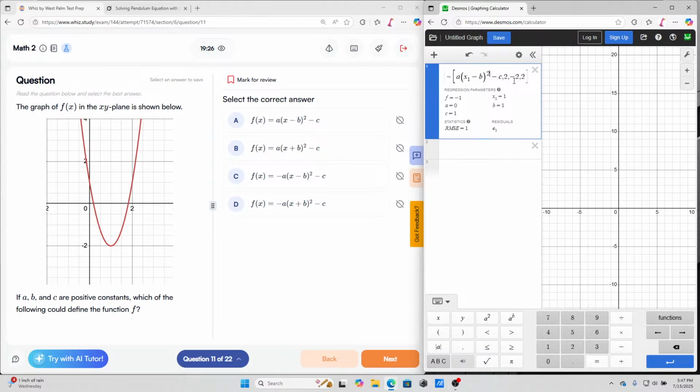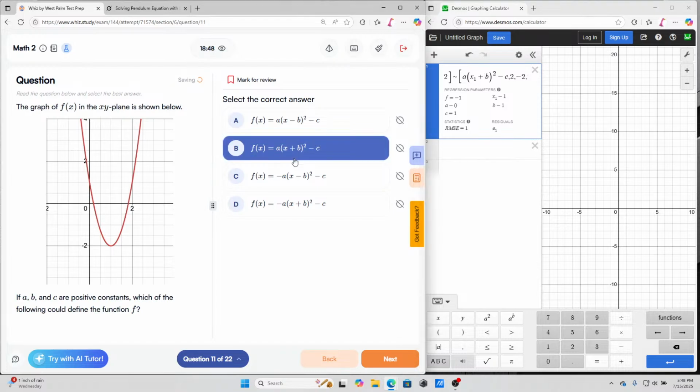Interesting. So it's all minus c. It's either plus or minus. So since it's below the axis, I guess it's like that. I'm gonna go with one of these. I'm just gonna go with this one.